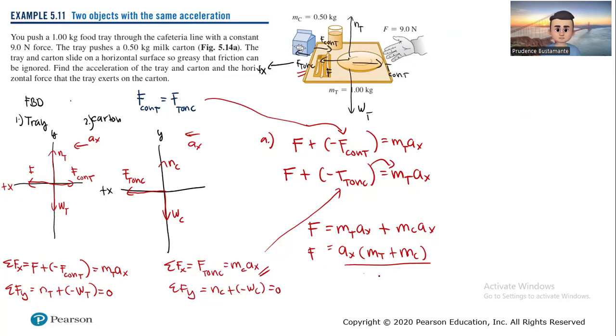Okay, we divide both sides by this one, and can cancel this one. So our acceleration is just equal to the force, which is 9.0 Newton, over the mass of the tray, which is 1.0 kilogram, plus 0.50 kilogram.